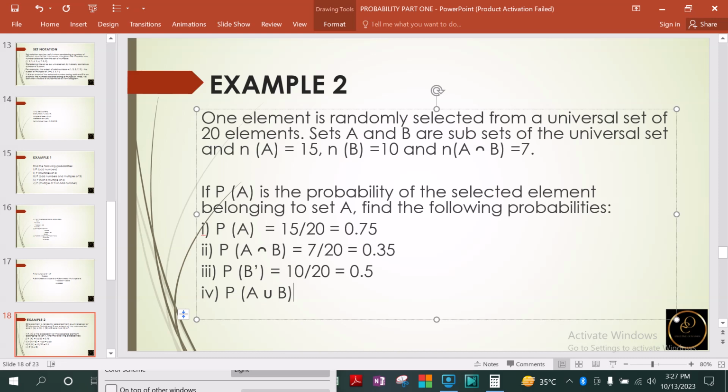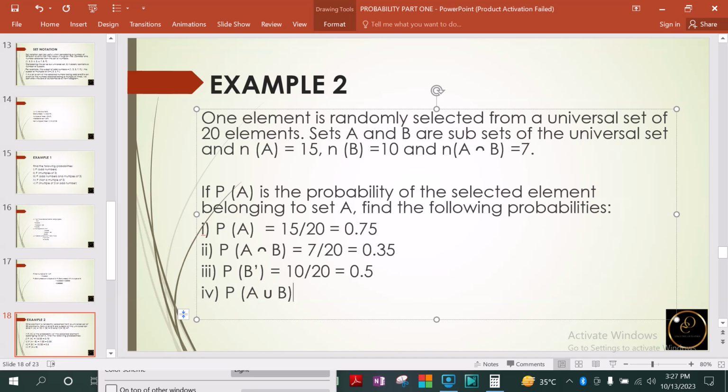So you have 10 under B with 8 which belong only to A, that will give you 10 plus 8. It's not yet 20.